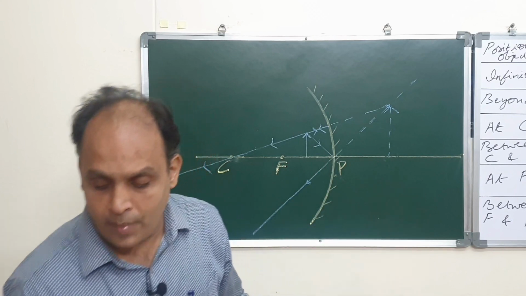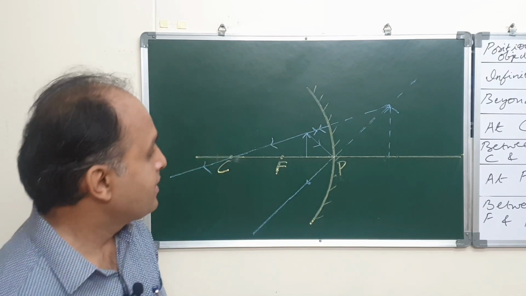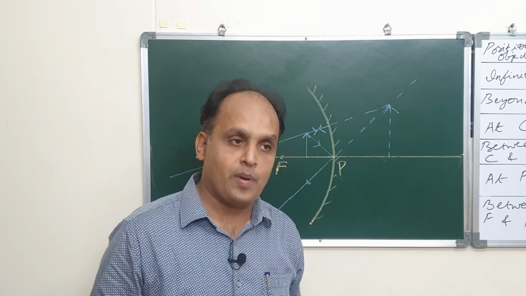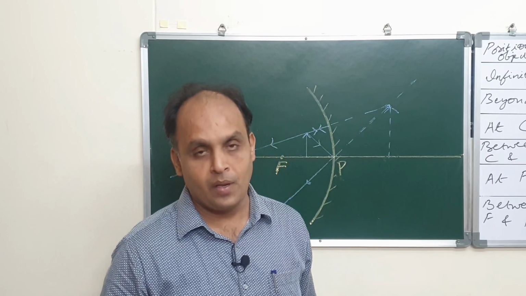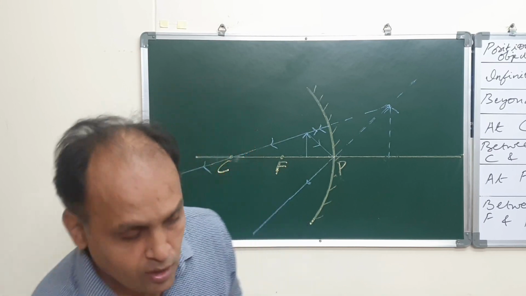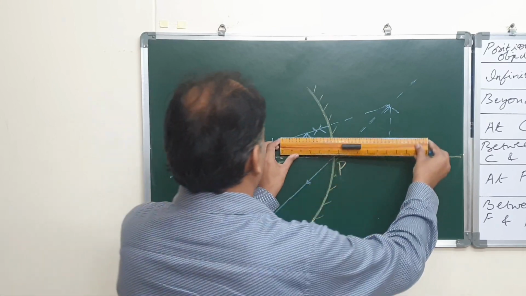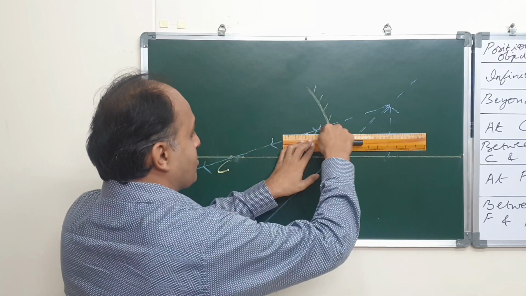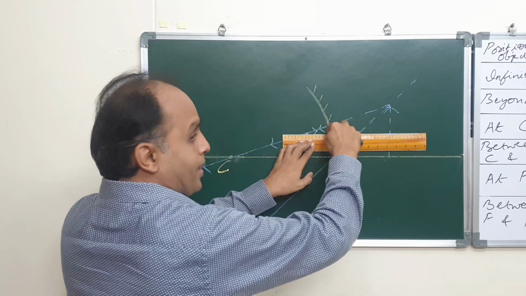Now coming to the aspect, I was saying that we cannot draw a ray of light parallel to the principal axis in this situation. Now why? When we draw a ray of light parallel to the principal axis, it comes like this, this way.